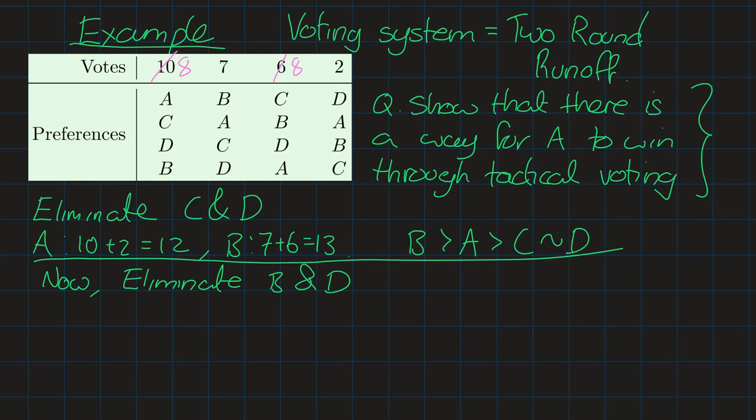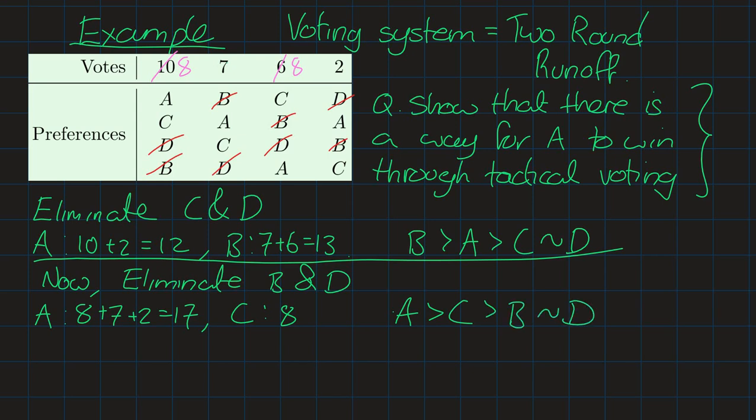So let's see what happens in the second round. A is going to have 8 plus 7 plus 2, which is 17. And C is going to just have 8. So the new social ranking would be A beats C beats B and D are on equal pegging.